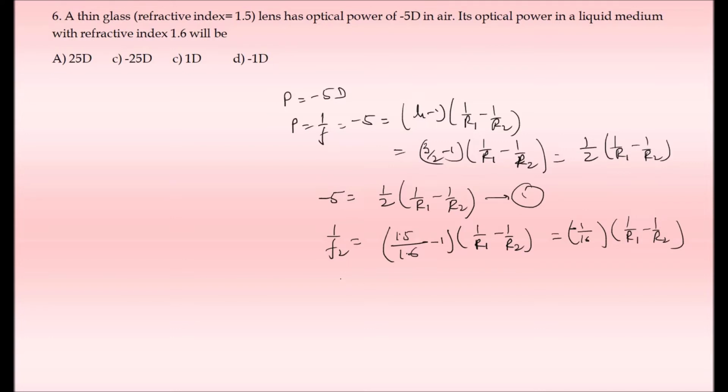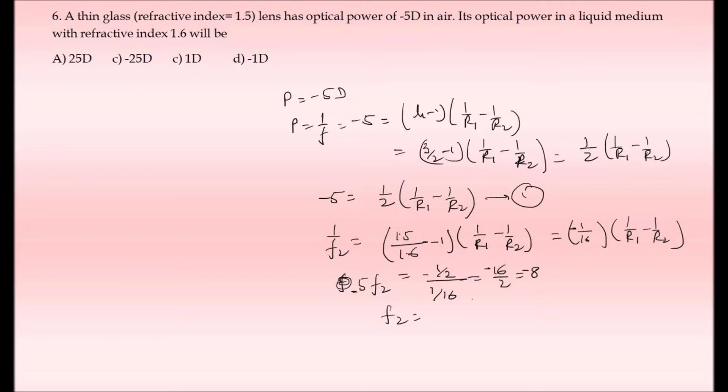Now if you divide it, then you get minus 5f2 is equal to 1 by 2 divided by 1 by 16 with a minus sign. So we get 16 by 2, that is 8, in fact minus 8.